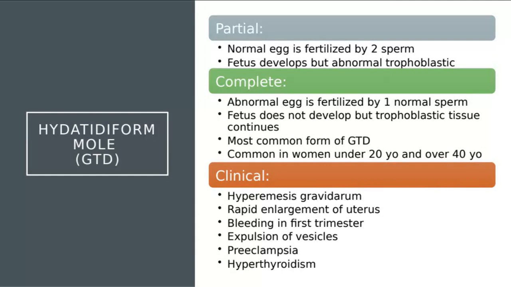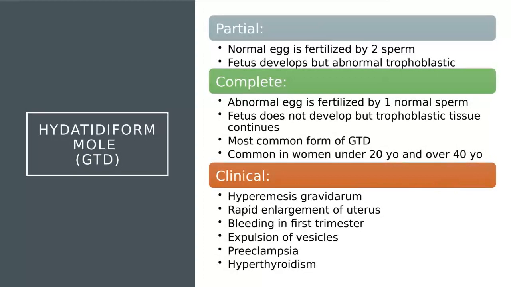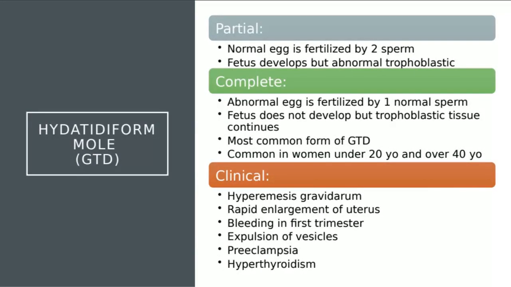When you have a complete molar pregnancy, this is not a true pregnancy. This does not result in a baby at all. This is when you have had an abnormal egg, so you ovulated an egg that maybe shouldn't have been ovulated, and it's fertilized by a normal sperm.